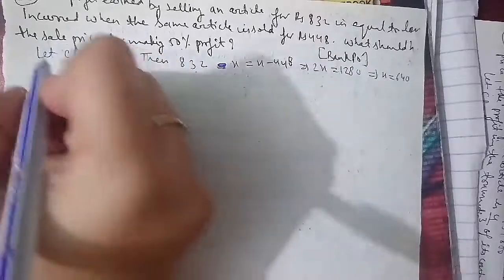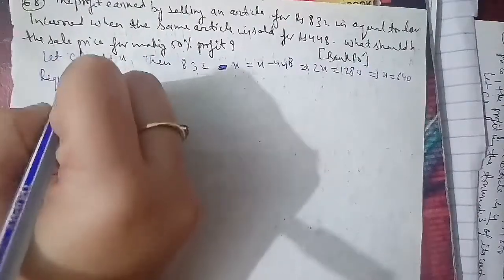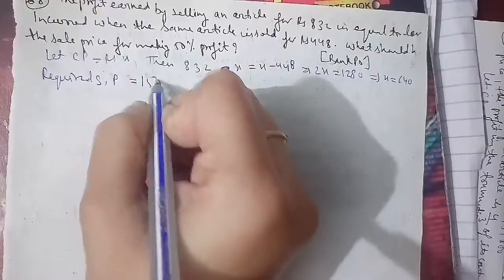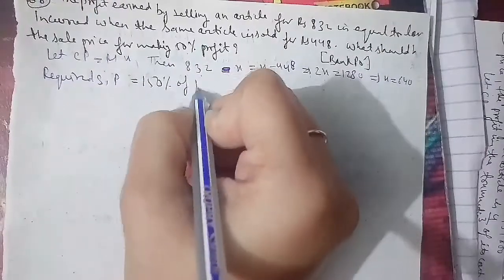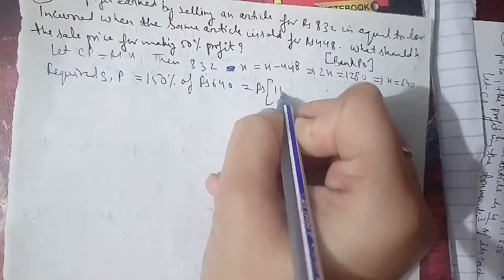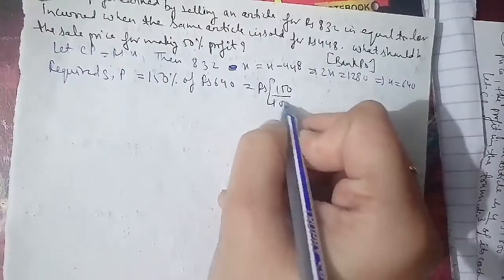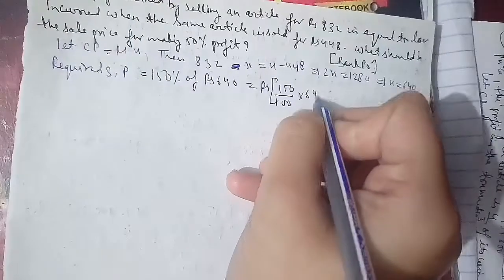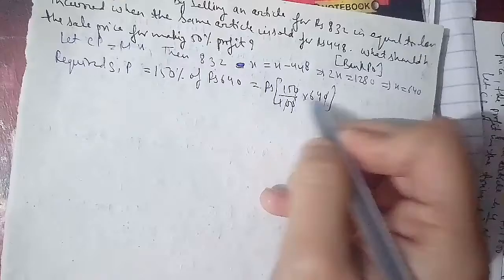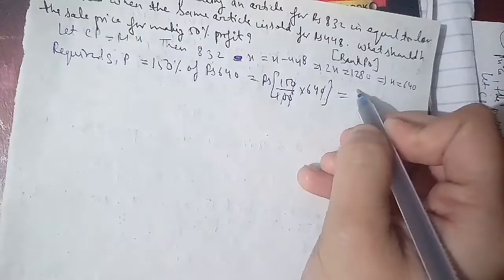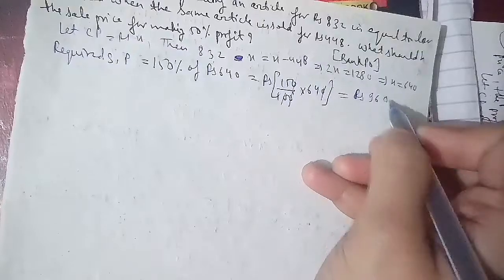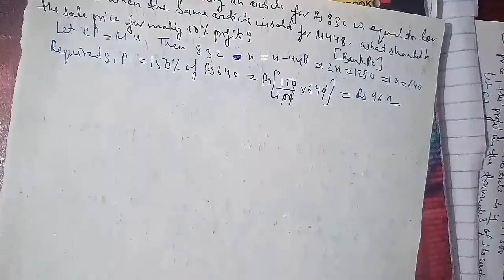Now the required selling price is equal to 150% of rupees 640, which is equal to rupees 150 upon 100 into 640. 0 being cancelled by this, and this 0 being cancelled by this. So 15 into 64 is your rupees 960 that we get as an answer.